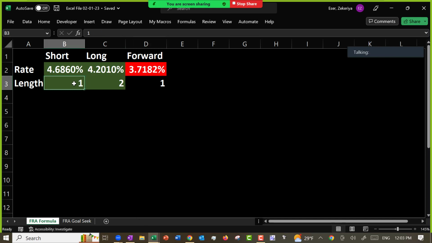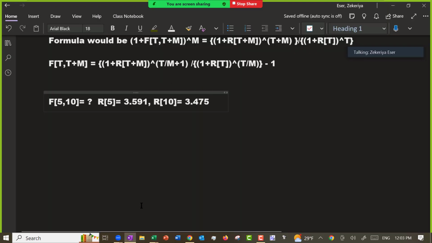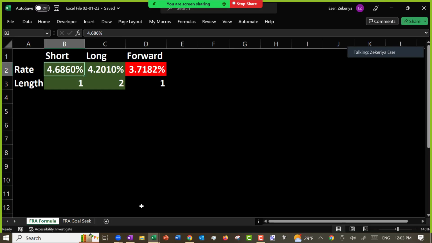So if you did this, all I have to do is enter the inputs, 3.591, 3.475, and short is 5, long is 10. It's going to be 3.35, right?